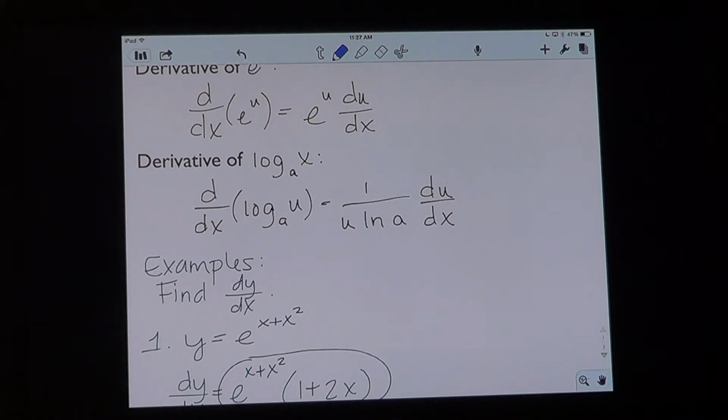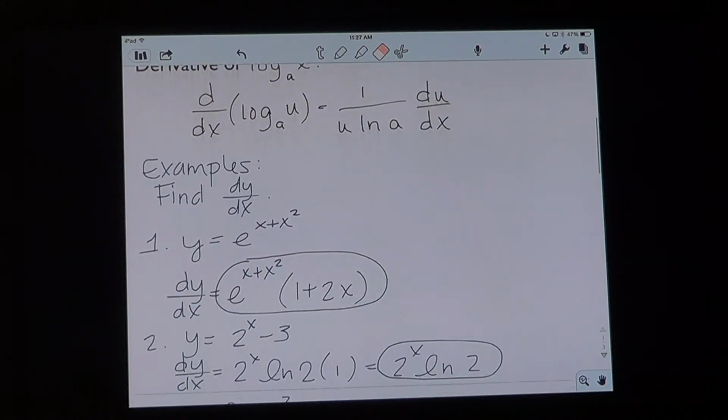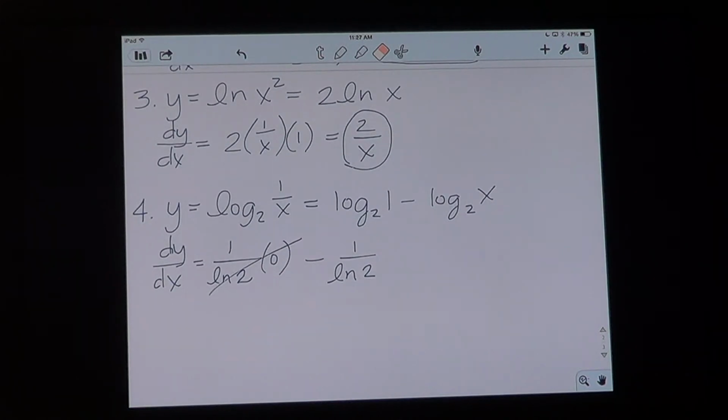So it'll be 1 over, what's the u part? X, yeah. So 1 over x ln of 2. Times 1. So the derivative of that is going to be negative 1 over x times the natural log of 2.